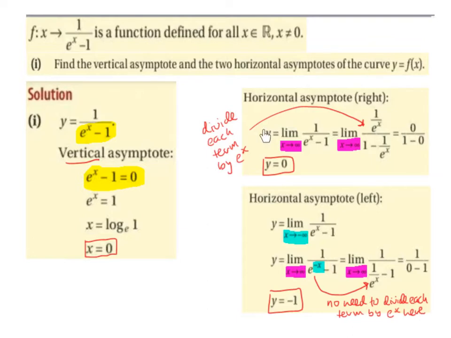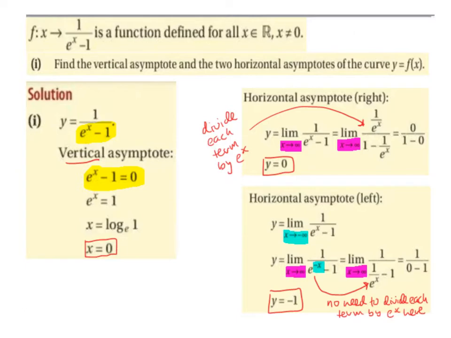So y is equal to the limit of 1 over e to the power of x minus 1 as x approaches infinity, which equals the limit of 1 over e to the power of x, divided by 1 minus 1 over e to the power of x, as x approaches infinity, which is equal to 0 over 1 minus 0, which is equal to 0.